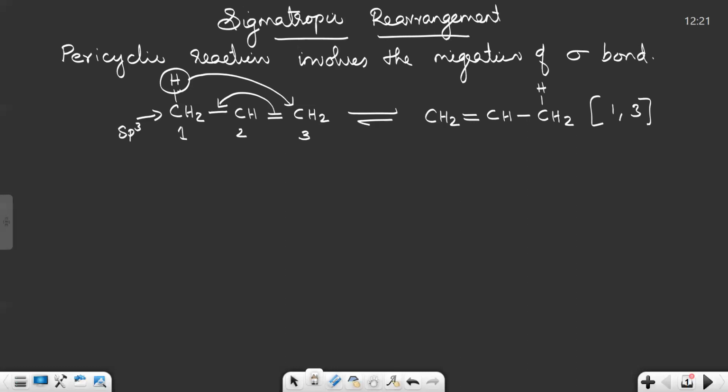Consider another example. CH3, CH2H, then CH double bond CH, single bond CH, and double bond CH2. Here too we have only one sp3 or saturated carbon, so put carbon number 1 to that saturated one, then carbon number 2, 3, 4, and 5.